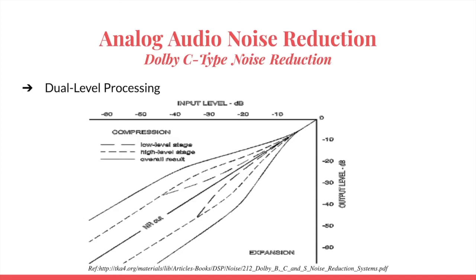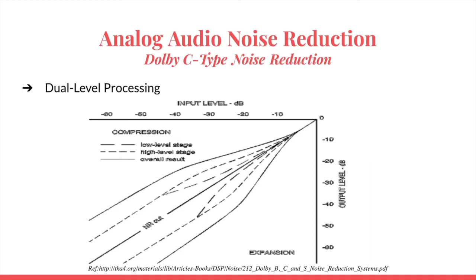Both bands cover the same frequency range but are sensitive to signals at different levels. One of the 2 bands is sensitive to signals at almost the same level as a Dolby B processor, while the other band is sensitive to signals at a lower level.